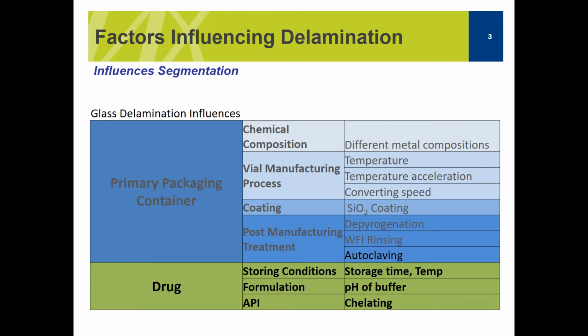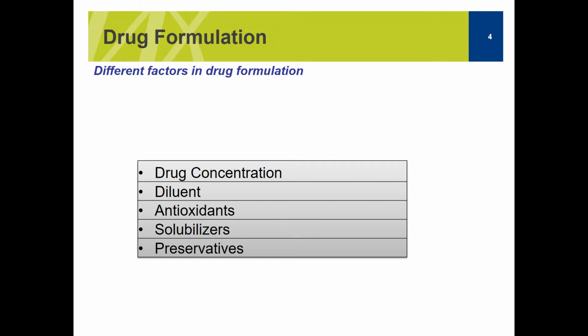So we're going to be looking at drug container reaction, what are the drugs and what are the different chemicals that can affect or can increase the probability of delamination. That being said, for drug formulation, the main ingredient, or the active ingredient, gets a lot of attention from the drug manufacturers or the drug formulation scientists.